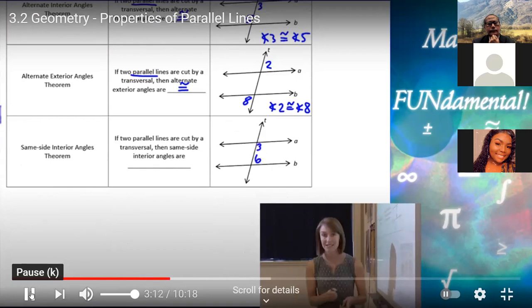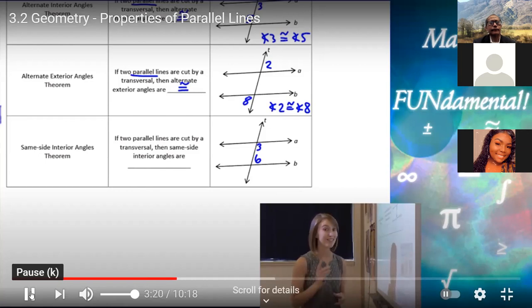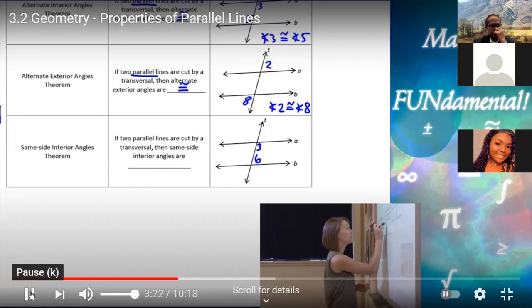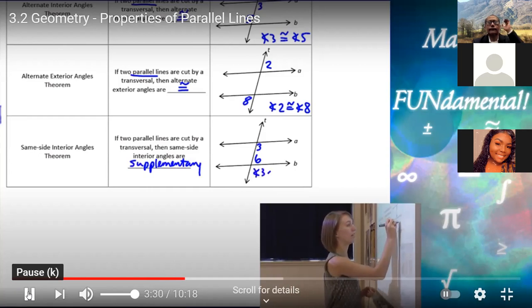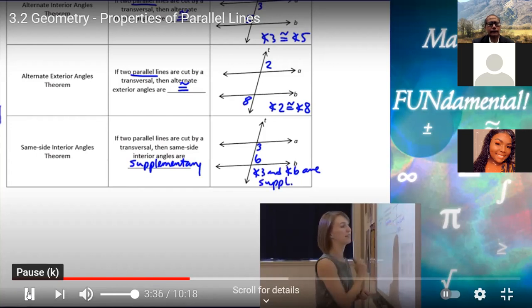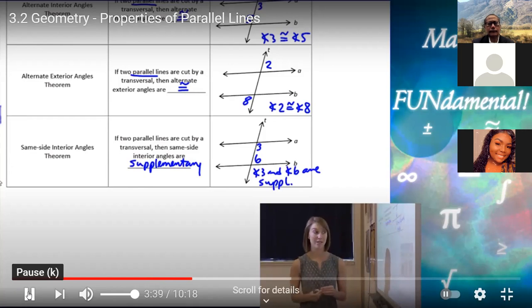Look at the sizes of those angles. Angle 3 is obtuse and angle 6 is acute. Are they going to be congruent? Probably not. So our other option is that they are supplementary. So angle 3 and angle 6 are supplementary, and that's our same side interior angle theorem.